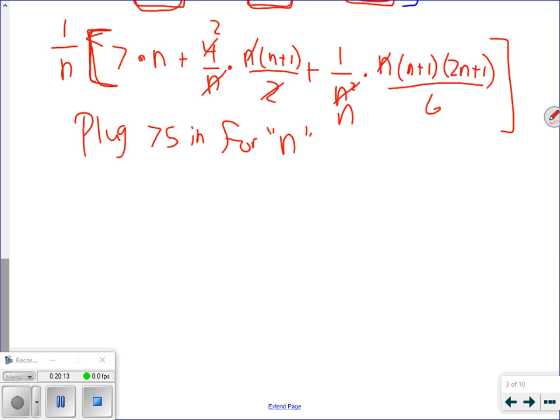But whatever the case is, when you plug 75 back into that, be careful. When I plug 75 into that, I got that the area is approximately equal, because it still is an approximation, 9.367 units squared. Okay. Now, if you were to take the actual area underneath the curve with an infinite amount of rectangles, I guarantee it's going to be pretty dang close to that, because 75 rectangles between 2 and 3 is a heck of a lot. Okay?